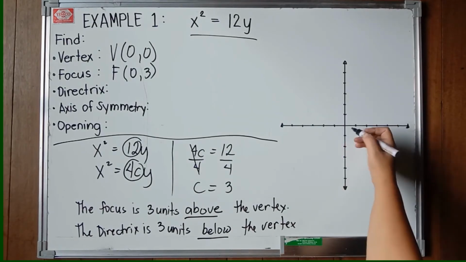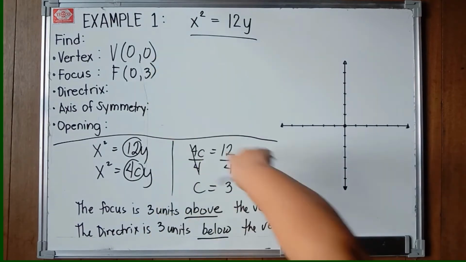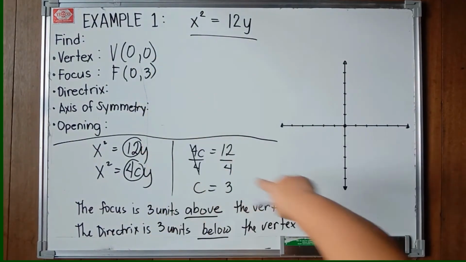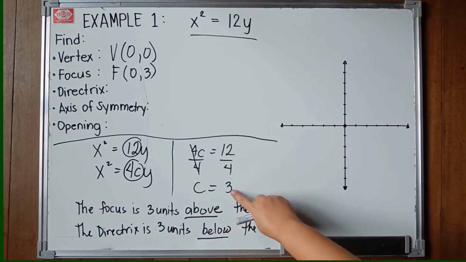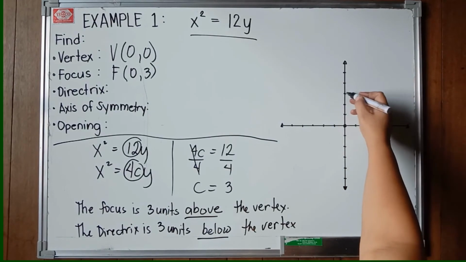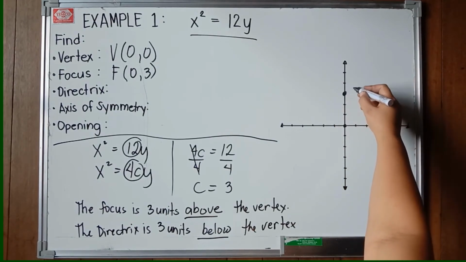So let's graph. The vertex is at 0, 0. And our focus is 3 units above the vertex. So that is our focus.